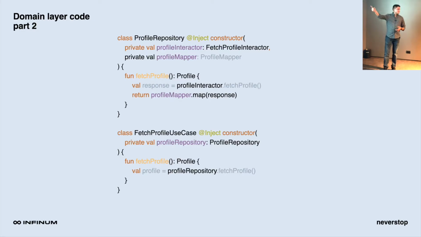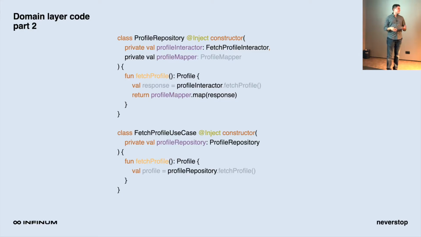And it returns a domain object. As you can see, it doesn't deal with data objects anymore, but it still has to fetch it. So in this fetch profile function, you can see that I'm using the interactor to fetch profile, and this response will actually be a data object. So it will be a profile response. But after I deal with it with the mapper, it's going to be a domain object. So from repository on, no more data objects, only domain.